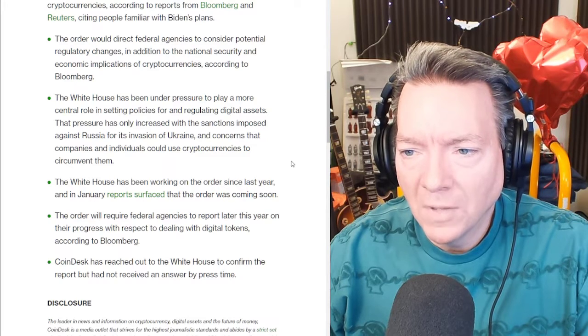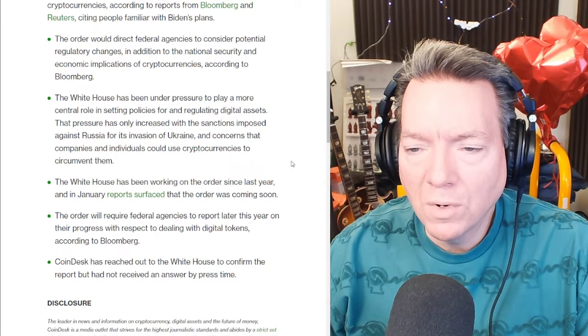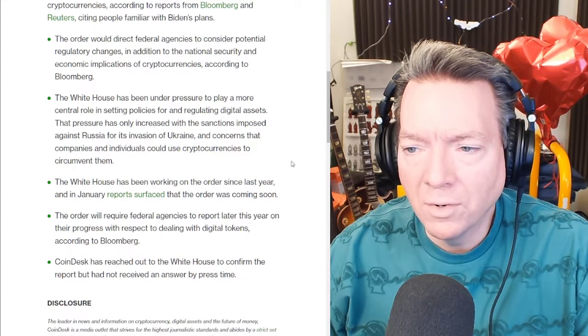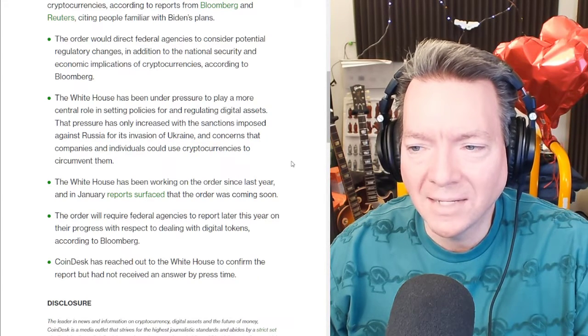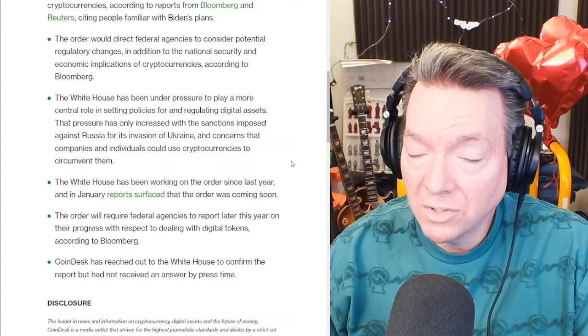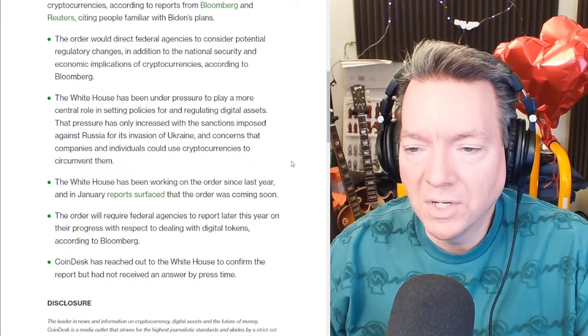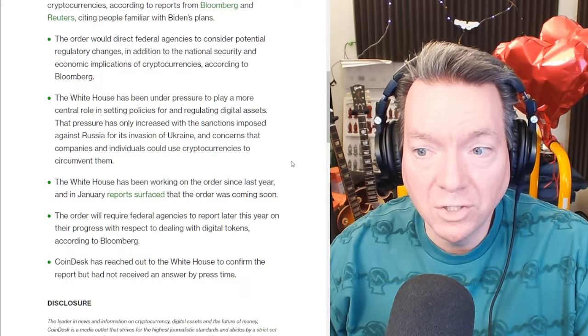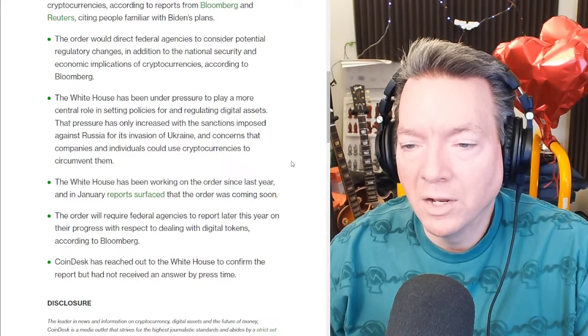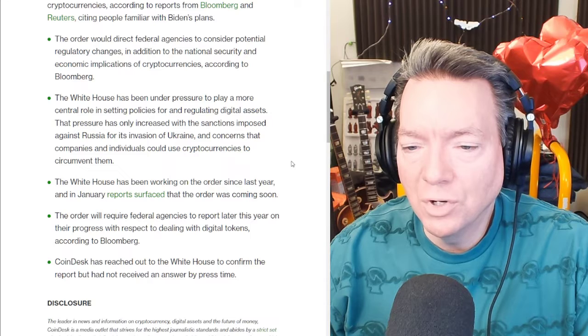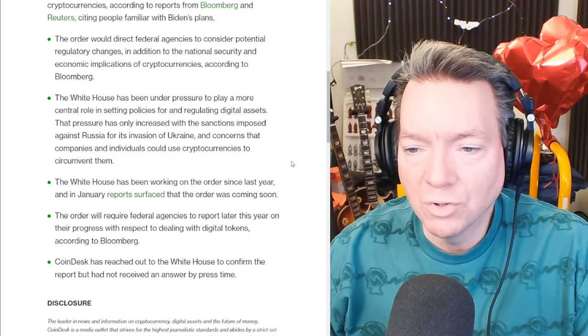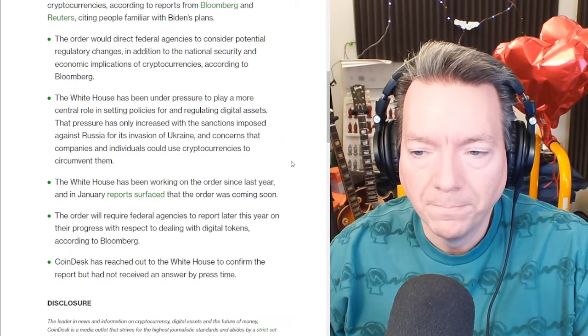The White House has been under pressure to play a more central role in setting policies for and regulating digital assets. That sounds ominous to me. The pressure has only increased with the sanctions imposed against Russia for its invasion of Ukraine, and concerns that companies and individuals could use cryptocurrencies to circumvent them.